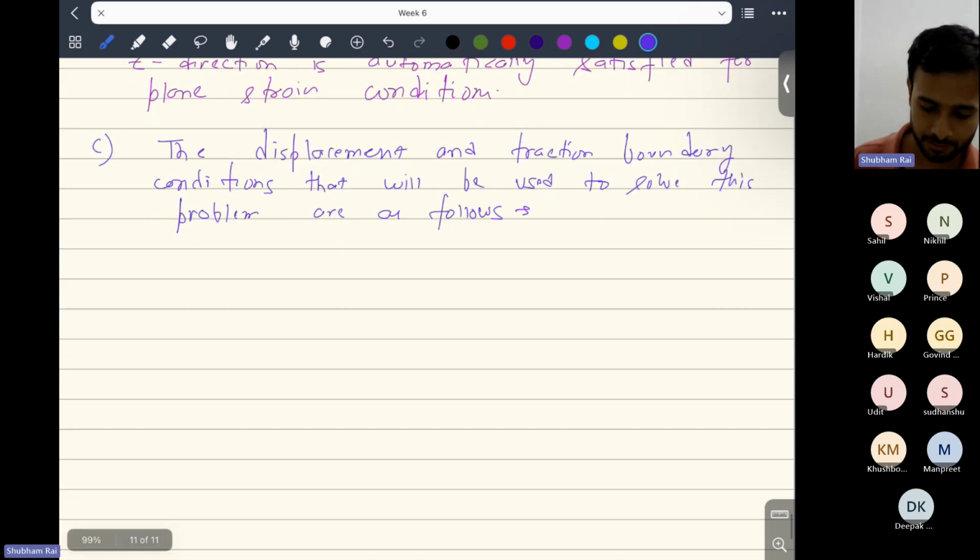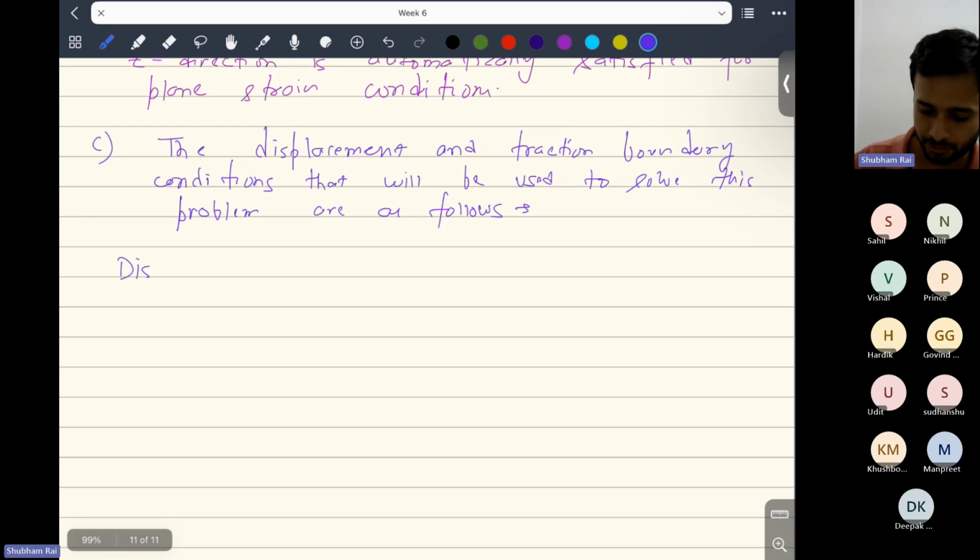Let me first write the displacement boundary condition on face one. There are four faces, so there will be four boundary conditions.